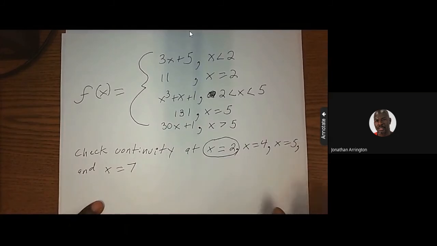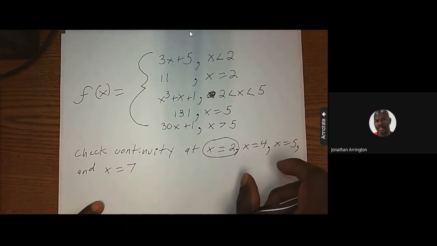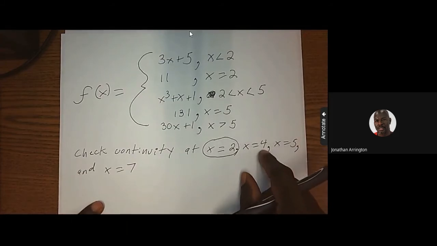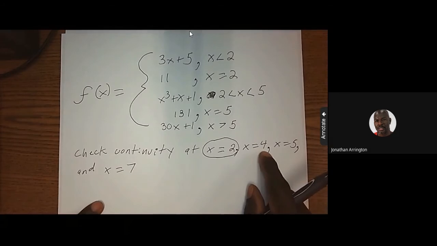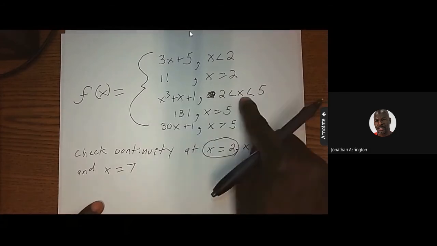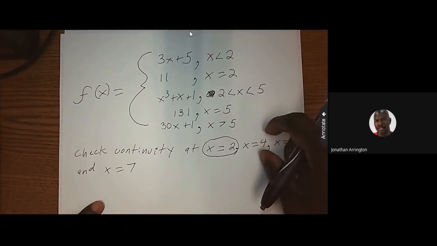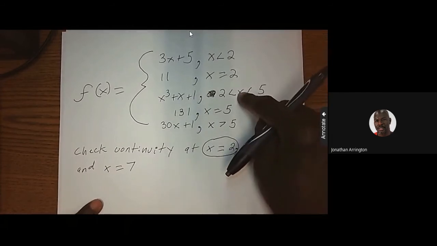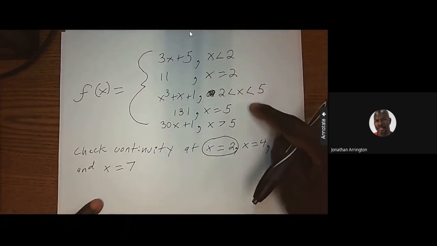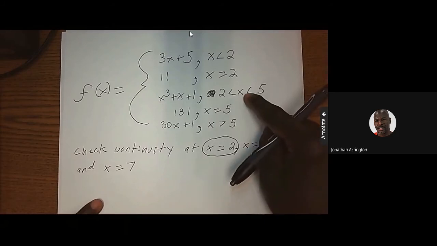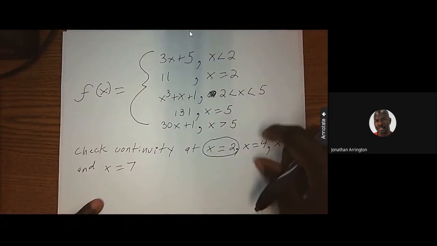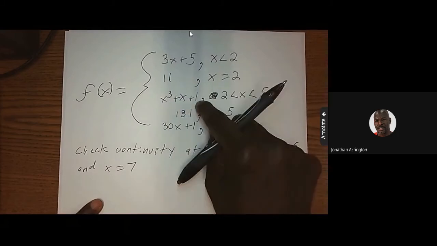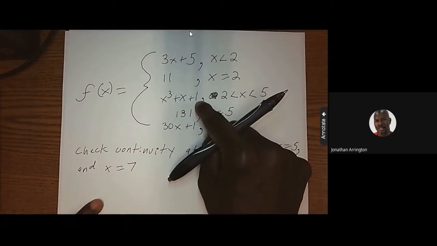Now check 4. Now 4, the piece that is affiliated with 4 is only one piece. This is it. 4 only fits into this guy. So it's not multiple pieces that 4 fits into. 4 only fits into this one piece. This one piece is a well-behaved polynomial function.